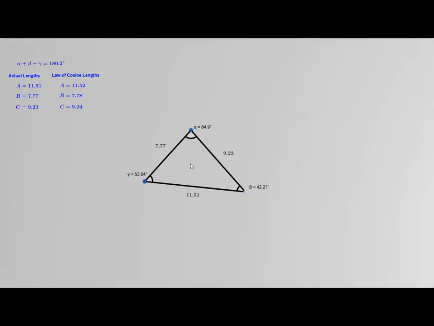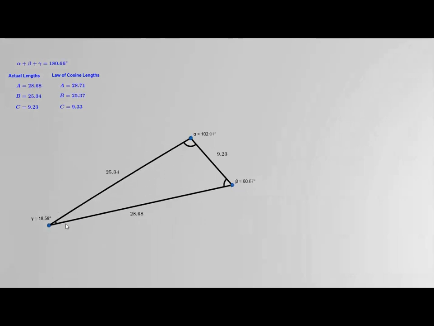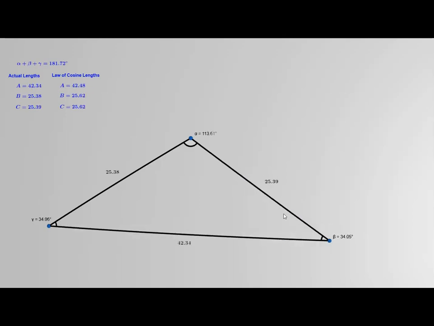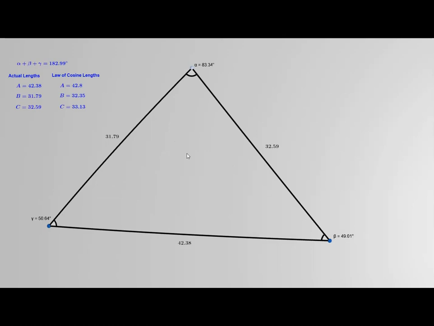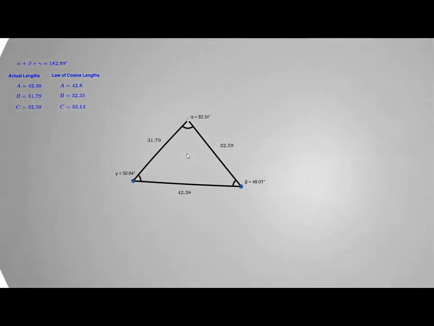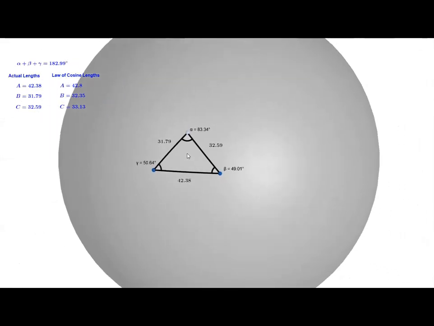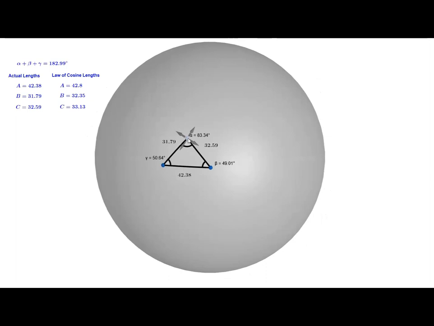And if we go back far enough, let me expand this out so we see the effect continue as we make this triangle larger. Eventually we'll get back to the point where we say that we're actually on a sphere. So these sides of this triangle are actually curved lines.